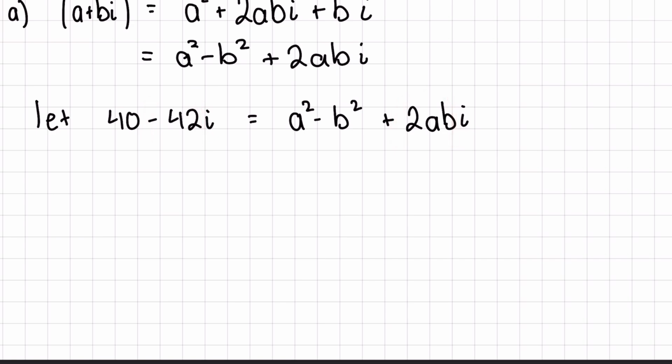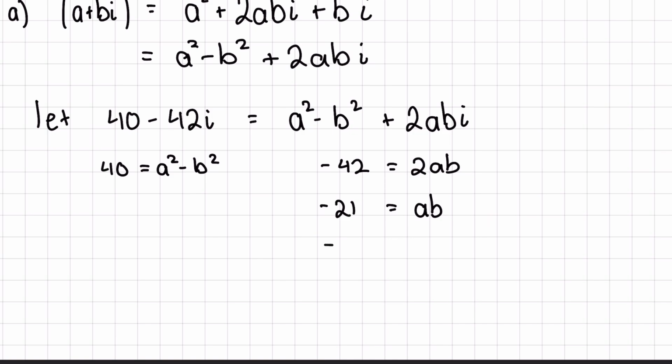So let's set up our simultaneous equations. So on the left hand side, we can say that negative 21 equals ab. And I'm going to go for negative 21 over a equals b.